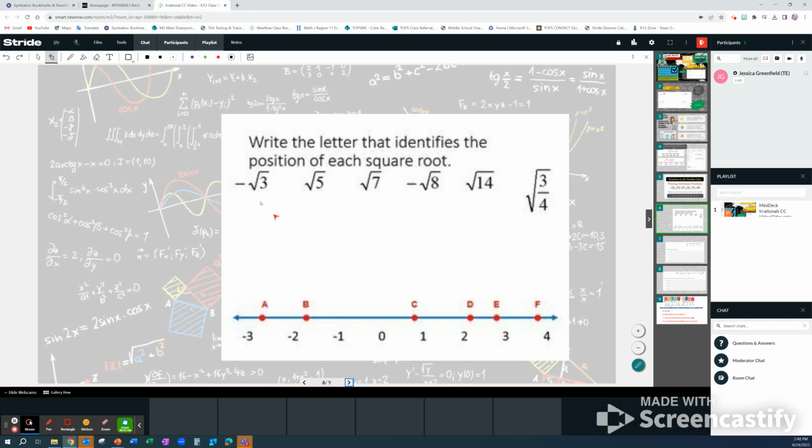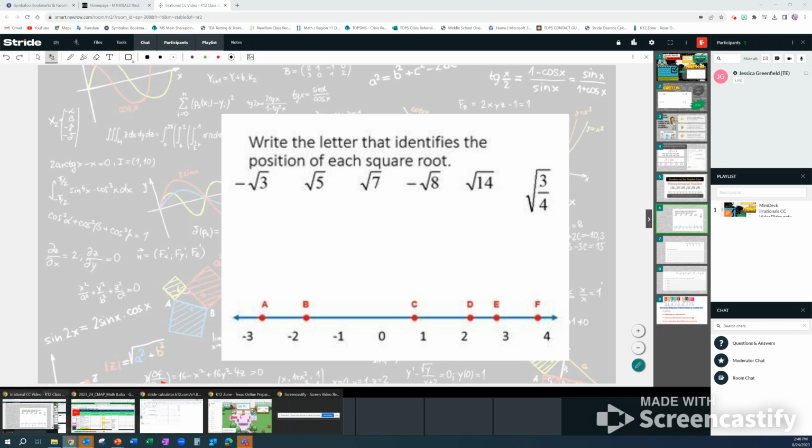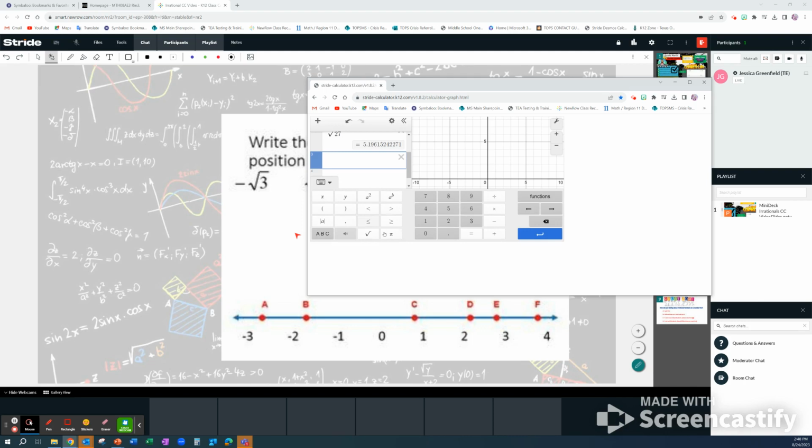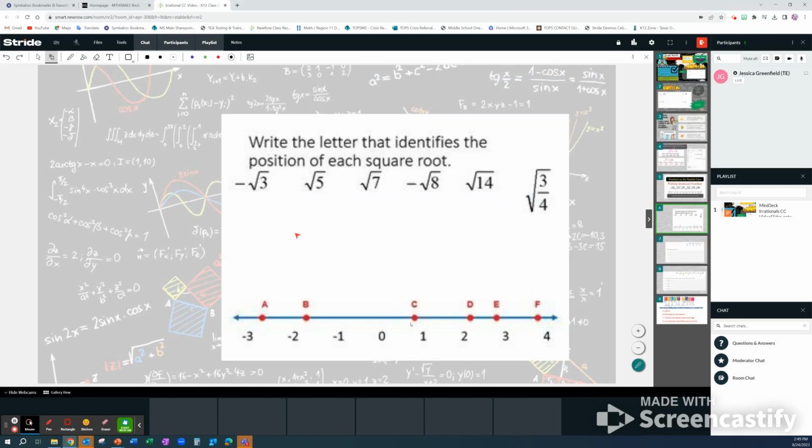But I can tell you right away that this negative and this negative are definitely going to be A and B. I'm not sure which one is which, but it's really easy to figure it out by grabbing my calculator and putting in my negative sign here, then a square root, and then a 3, and seeing that I get negative 1.73. So I'm going to go ahead and make a note of that, negative 1.73.